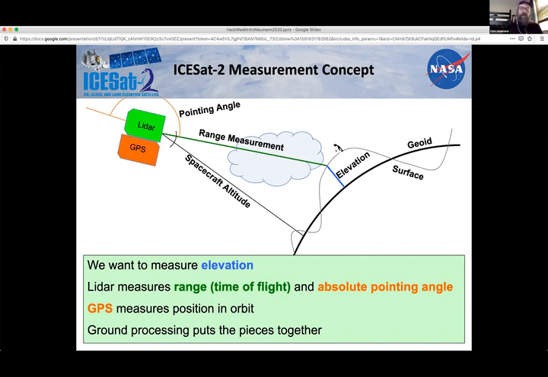And in ground processing, we tie those three pieces of information together: the round trip time of flight, the pointing angle, and the position of the observatory in space, to figure out what the elevation of the surface of the Earth is. What's the elevation where that laser light intersected with the surface of the Earth? Fundamentally, that's all that's going on. Of course, in detail, there's more pieces to the story, and we're going to go through a few of those in the next couple slides.